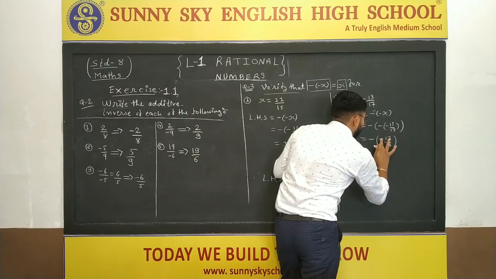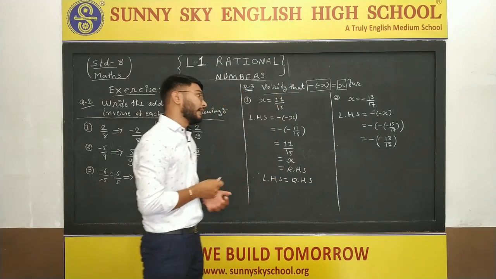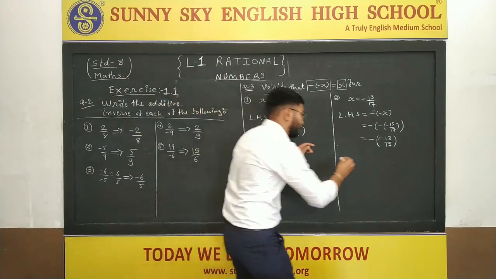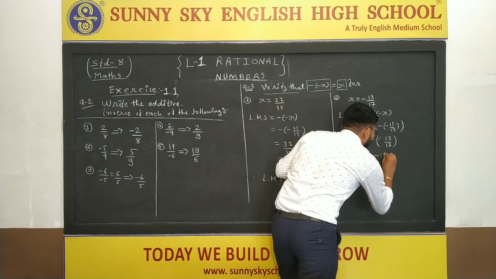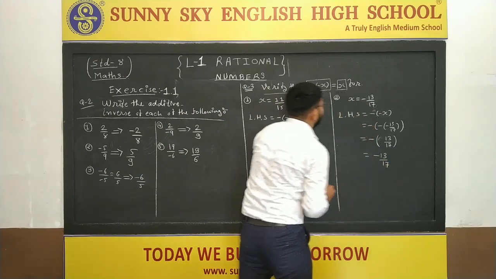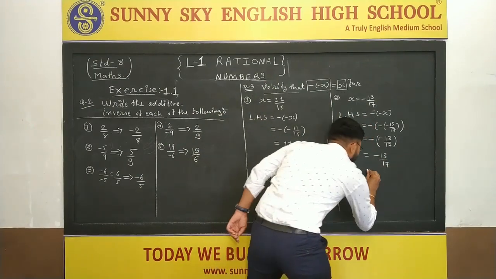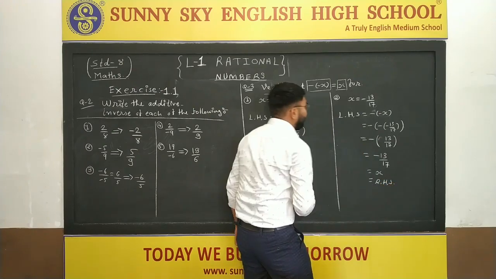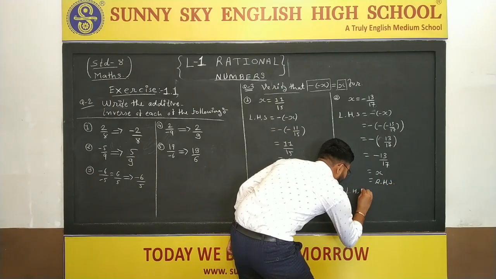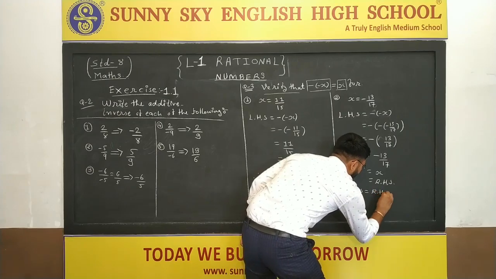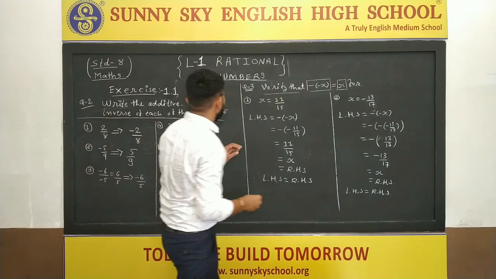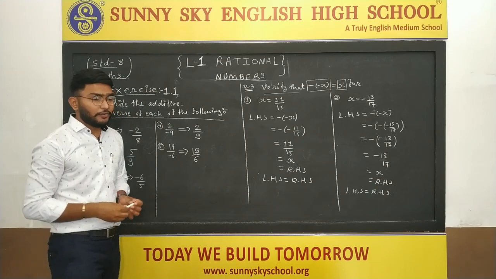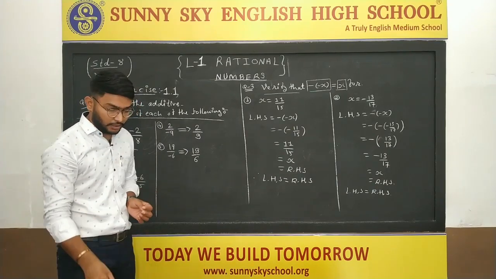Sorry, minus minus is plus, it means 13 by 17. Now the third sign is minus, therefore minus 13 by 17. It is our x and it is our RHS. It means the left hand side is equal to the right hand side. Okay, that is our question number 3. Now we have to start our question number 4.